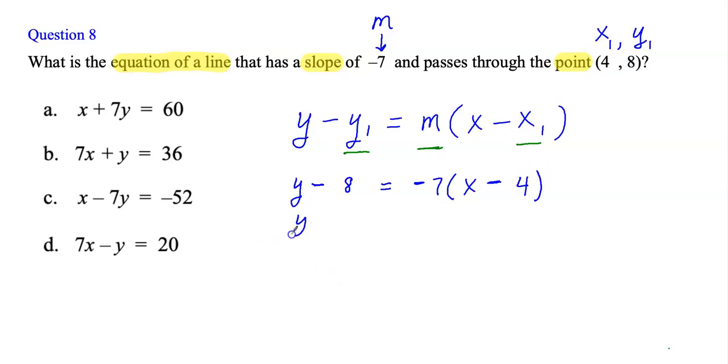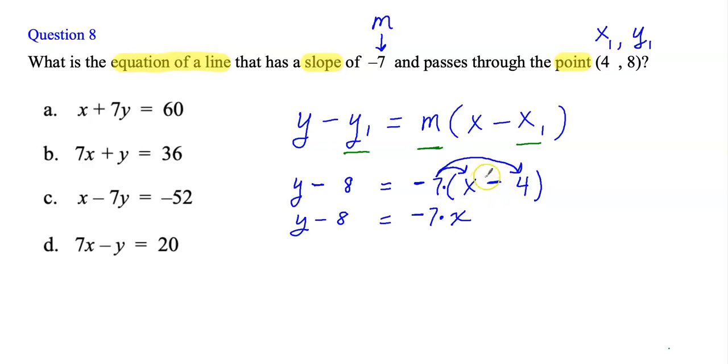Now let's continue to simplify this. I'm going to bring down my y minus 8, bring down my equal sign, and I need to use the distributive property here. I need to multiply the -7 with the x and the -7 with the 4. -7 times x, I will write like this.